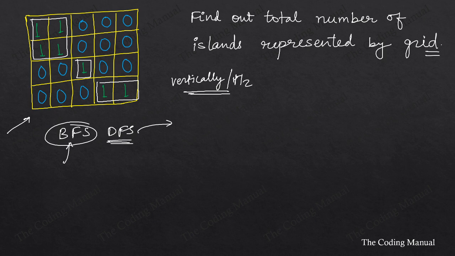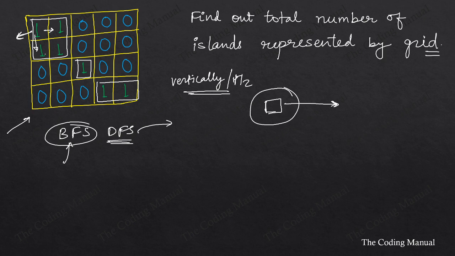When you use BFS, at any particular point of time we traverse to all its adjacent sides. So when we are at this particular grid, we will traverse here and here, and see if they are land or water.